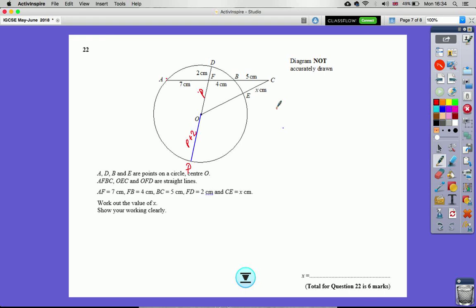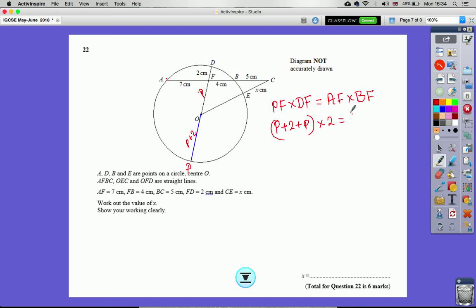So I can say PF multiplied by DF is equal to AF times BF. So PF is p plus 2 plus p, and DF is 2.